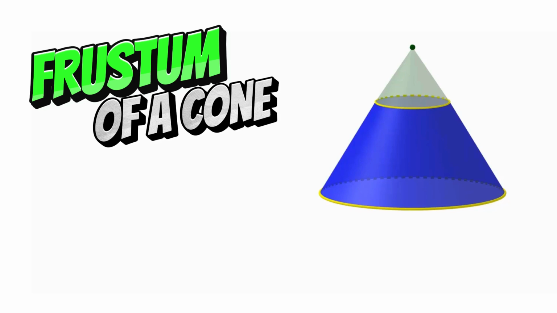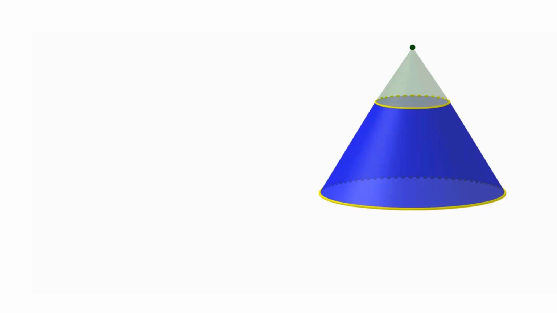If you look at your screen, you will see a complete cone. What do we call the frustum of a cone? We obtain the frustum when we slice off the upper part of the cone. What is left is called the frustum of the cone.